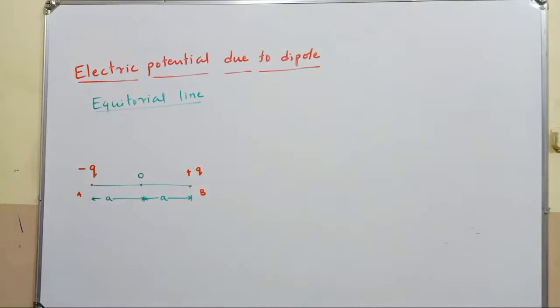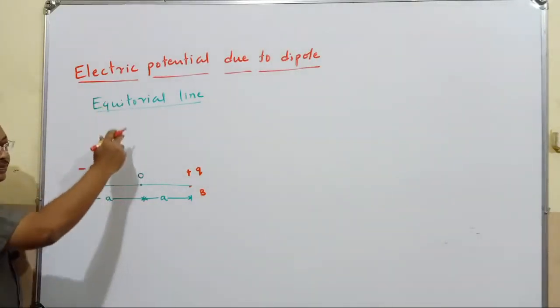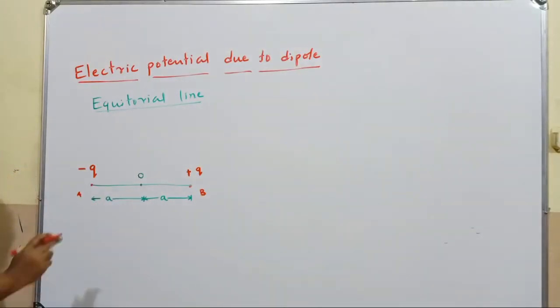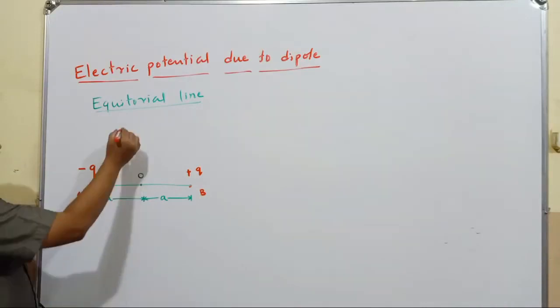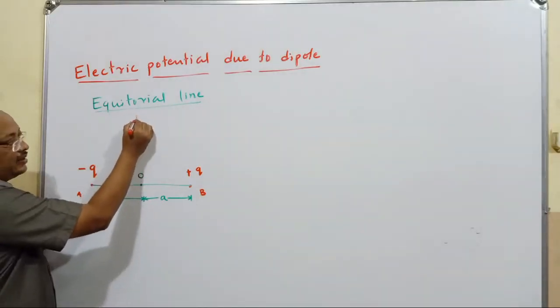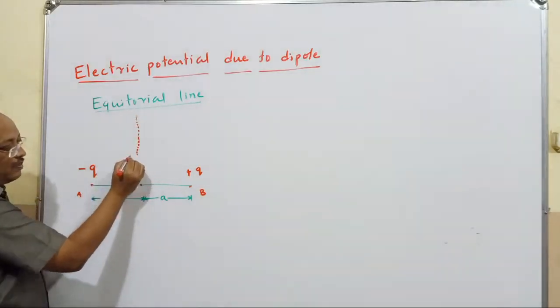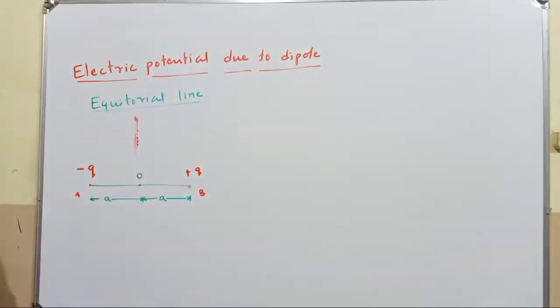The equatorial line, as you know, is the perpendicular bisector at the midpoint. The equatorial line lies on the perpendicular bisector.